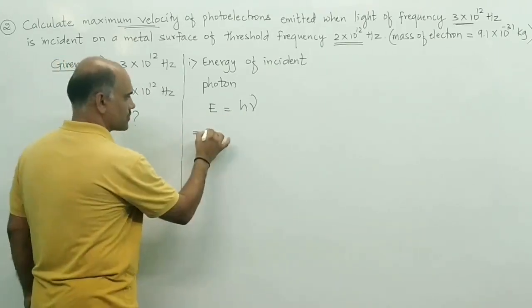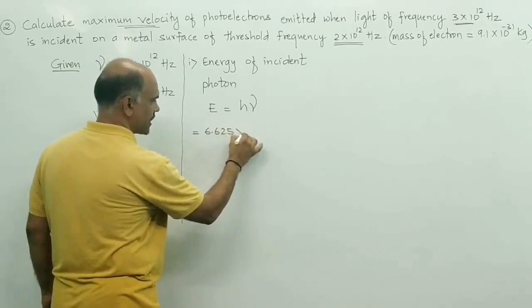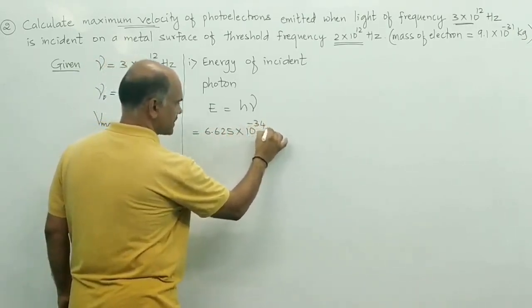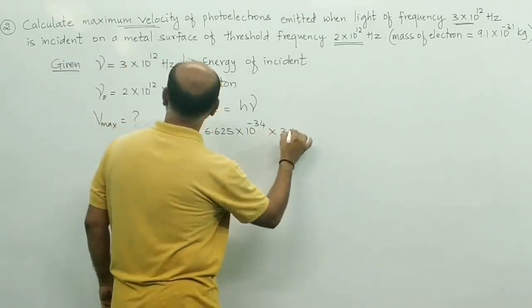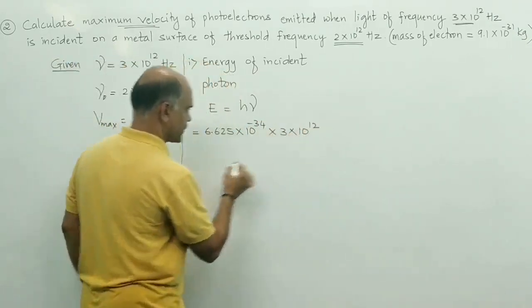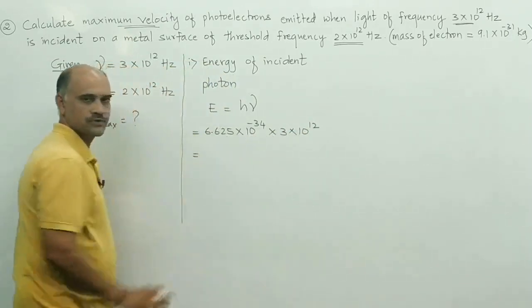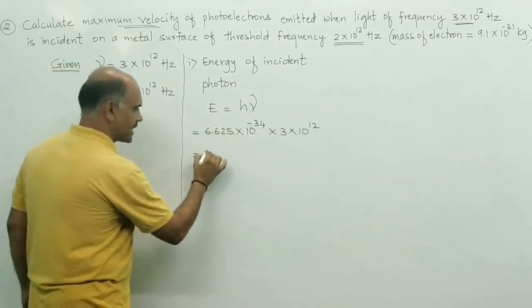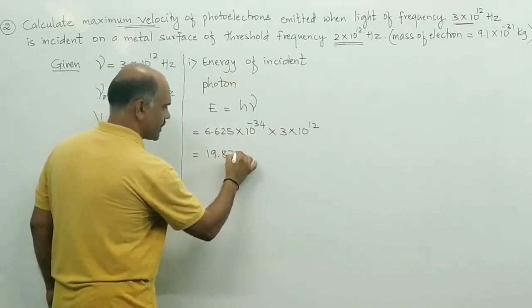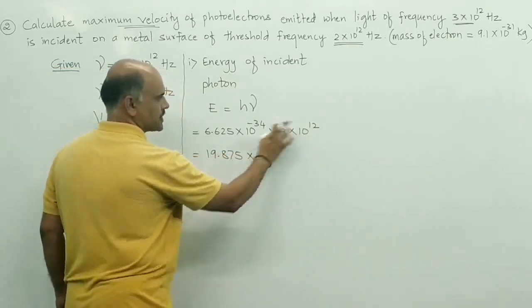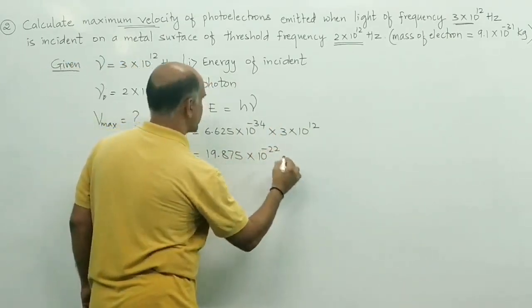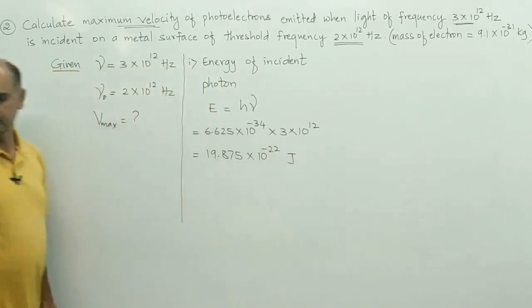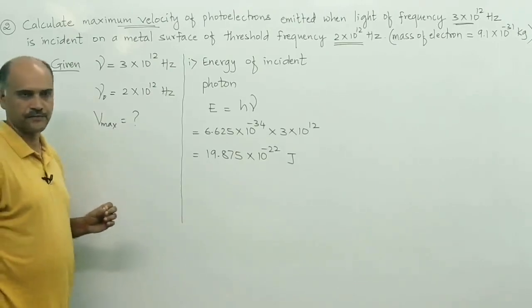So E is equal to 6.625 into 10 raised to minus 34 into frequency 3 into 10 raised to 12 hertz. Now multiply these two. If you multiply, you will get 19.875 into 10 raised to minus 34 plus 12, will be minus 22. Units is joule. So 19.875 into 10 raised to minus 22.